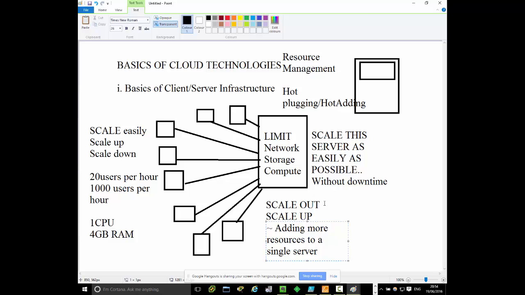But scale out is adding more servers to provide the service. In this case, you're just adding more resources to the servers. In this case, you're adding more servers to the service.